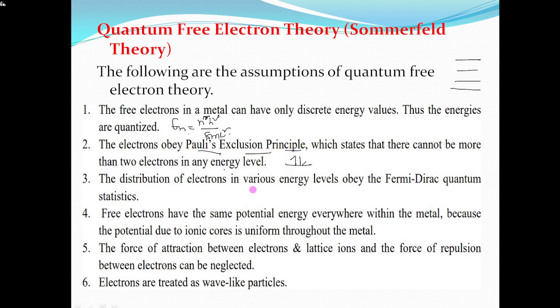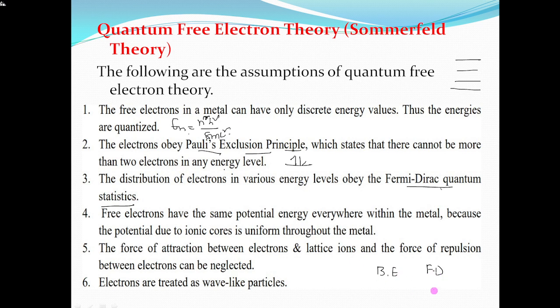Next, the distribution of electrons in various levels obeys Fermi-Dirac distribution. Previously we have seen that the distribution of electrons obeys Maxwell-Boltzmann distribution. But here the distribution of electrons obeys Fermi-Dirac distribution. So see here, we are having two distributions, Bose-Einstein and Fermi-Dirac.